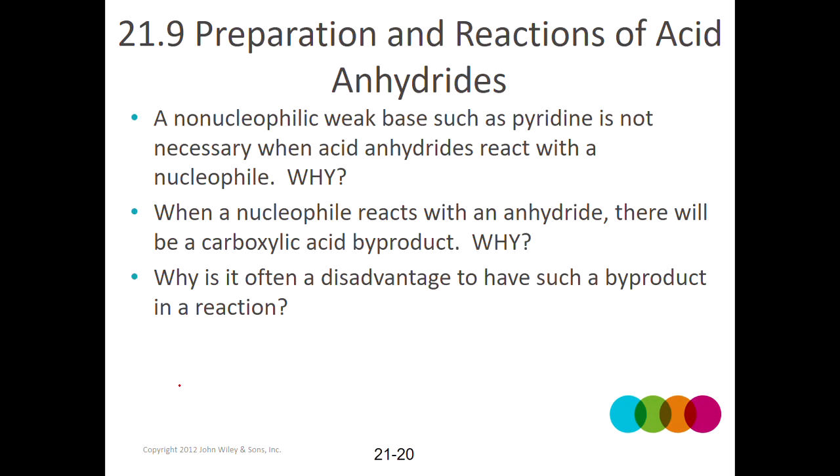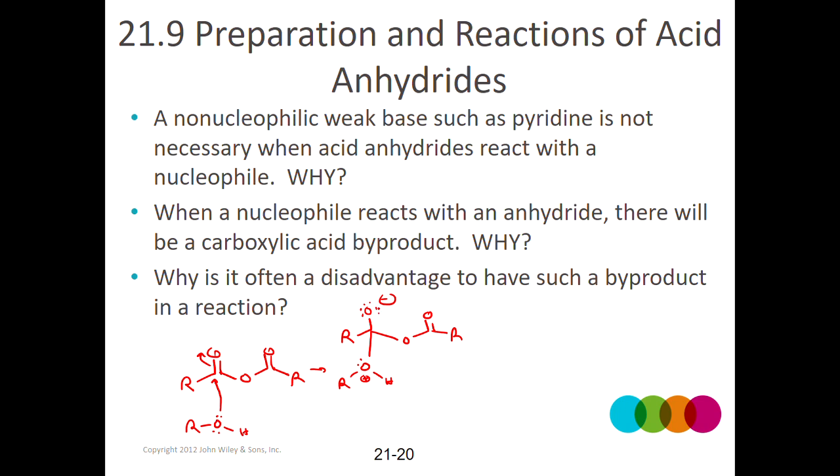So if I do the same process, but I start with an anhydride instead of an acid chloride, and I want to attack that with some kind of weak nucleophile, I still end up with this proton here that needs to be removed. But when the leaving group is a chloride, the chloride is such a weak base it can't remove it, which is why we needed pyridine.